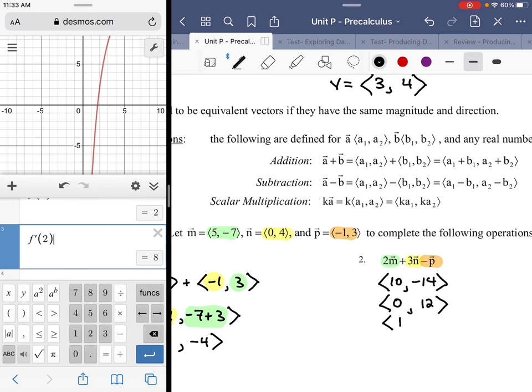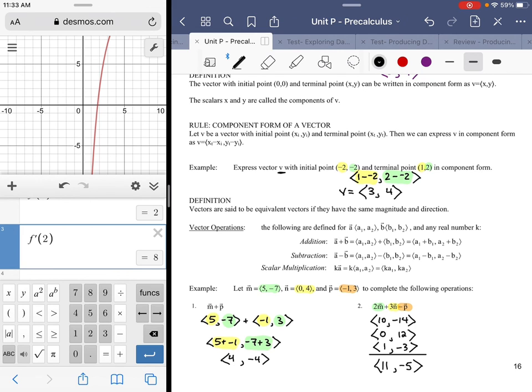And then I'm going to negate my negative 1, 3. So if I negate it, that gives me 1, negative 3. And then just add them all up. And I'd be looking at 11, comma, negative 14 plus 12 is negative 2.